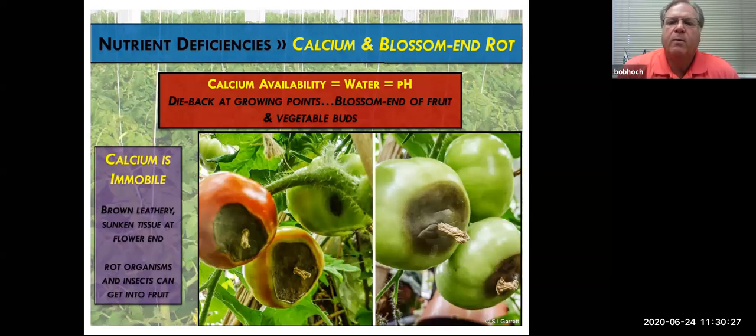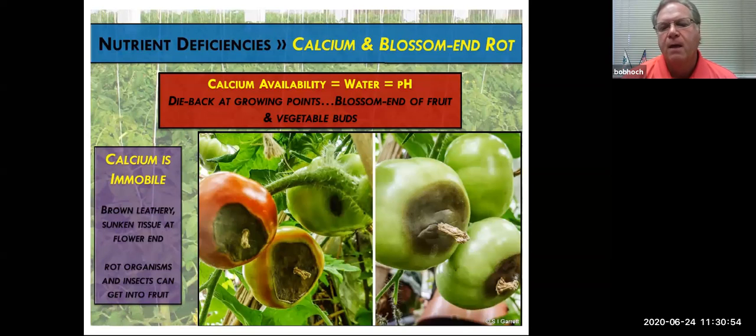But let's assume that the soil has the proper pH and a sufficient amount of calcium, so it's not a calcium deficiency in the soil. But as the plant grows, let's say that it runs out of water, or we let it get a little bit too dry, and at that point in time, the plant cannot pick up enough calcium to get into that fruit.